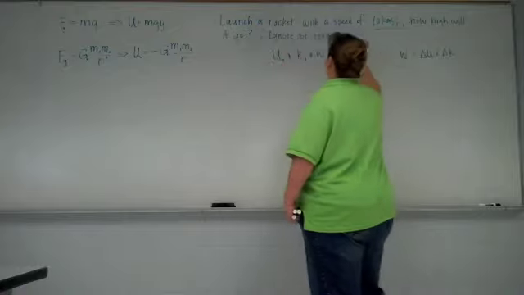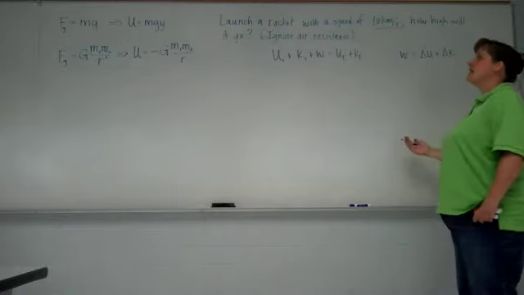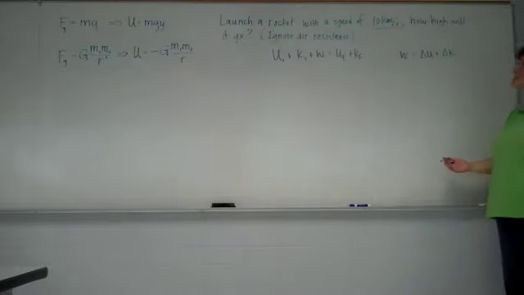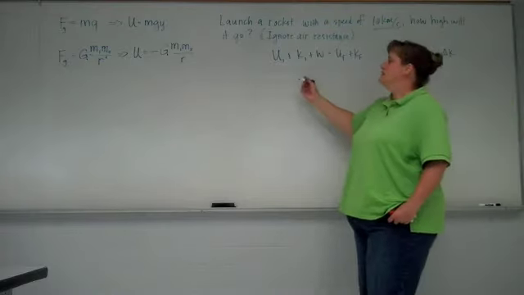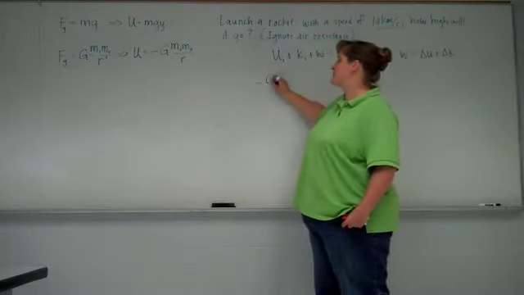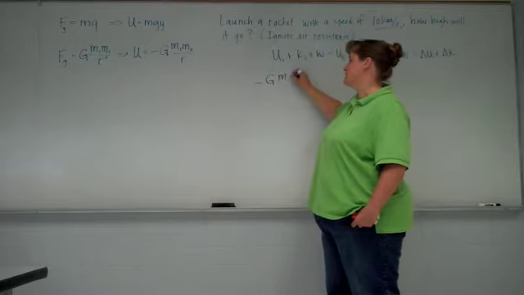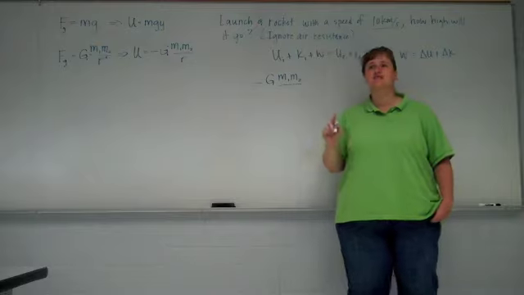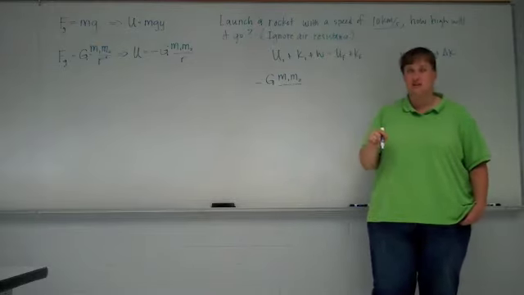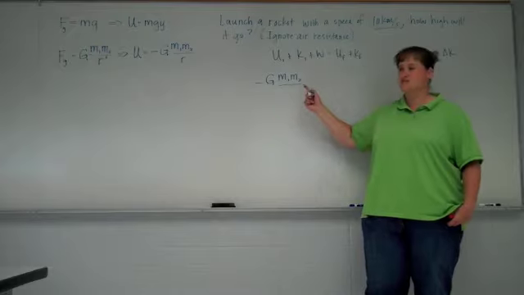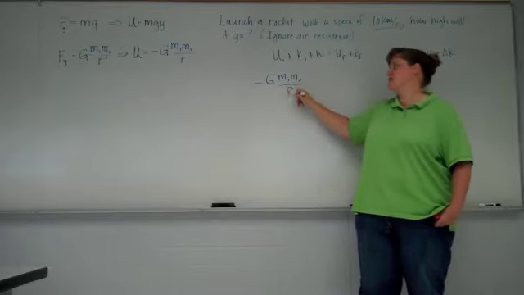So, for example, if we launch a rocket with a speed of 10 kilometers per second, how high is it going to go? Well, we have to have potential energy initially. r is still the distance from center to center, so it's the distance from the center of the Earth to the center of the rocket, which is going to be the radius of the Earth.